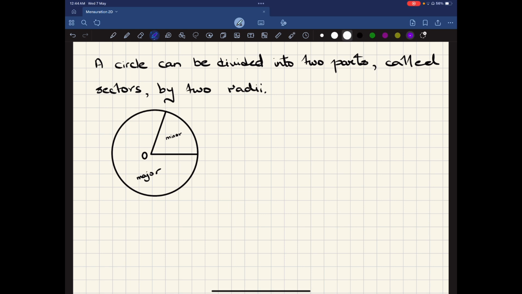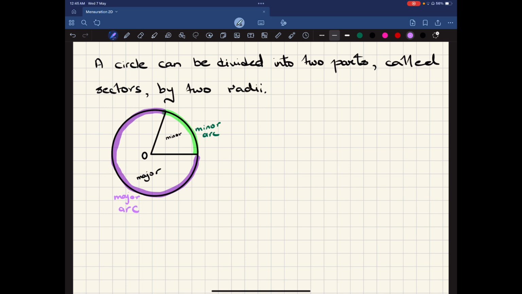Okay. So just so that there's no confusion, let's mark this. This green one is minor arc and this is major arc.